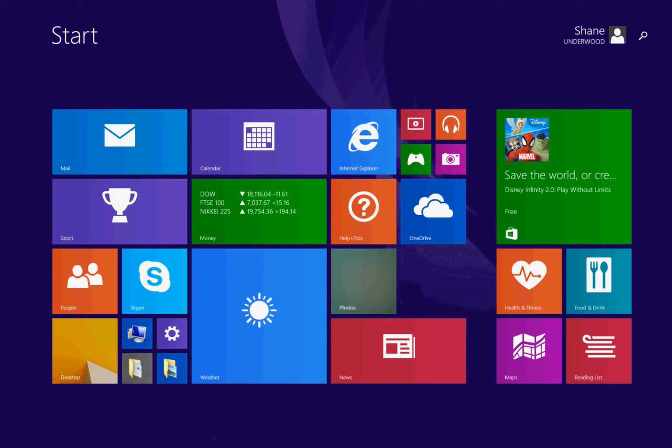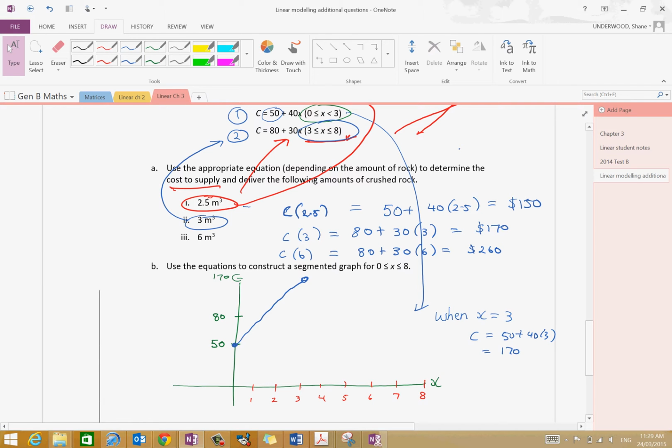So this point here is where you've got to be careful. This is an open circle, because equation 1 includes the points, if we draw it on a number line, from 0 to 3, but it's non-inclusive of 3.